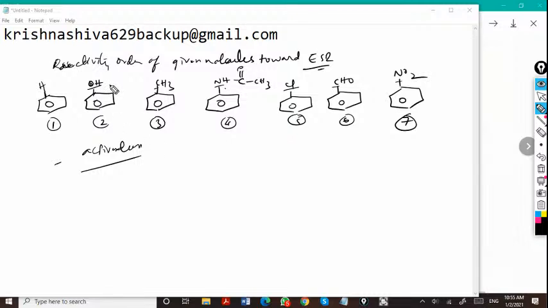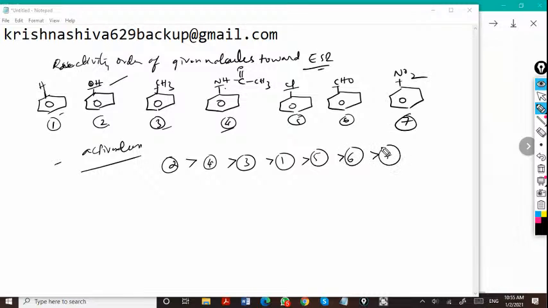So the highest reactive will be the strongly activating group, next moderately, next weakly, next neither activating nor deactivating, next weakly deactivating, next moderately deactivating, and next strongly deactivating. So this is the criteria.